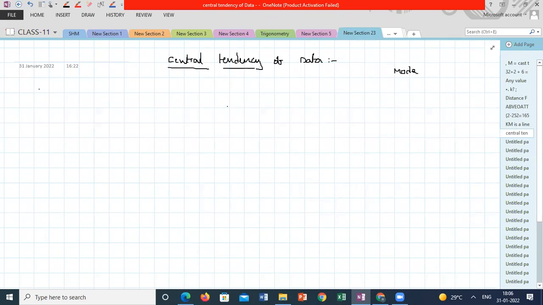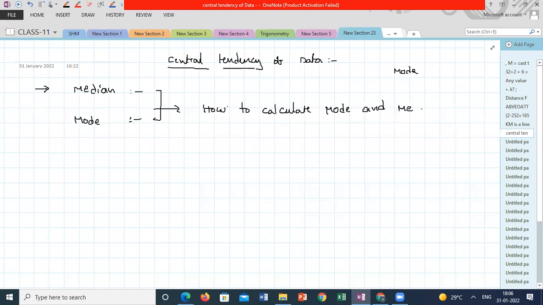So based on grade 9 standard, how do you calculate the median and mode for raw data? Anyone can recollect how to calculate mode and median for raw data?